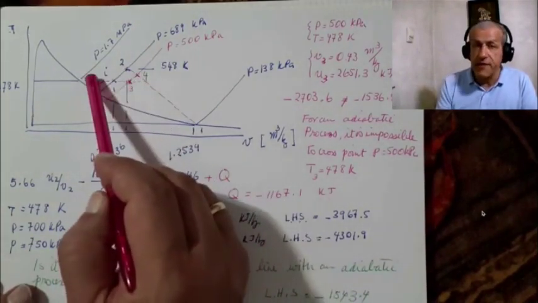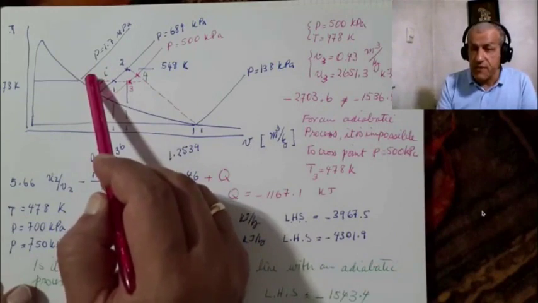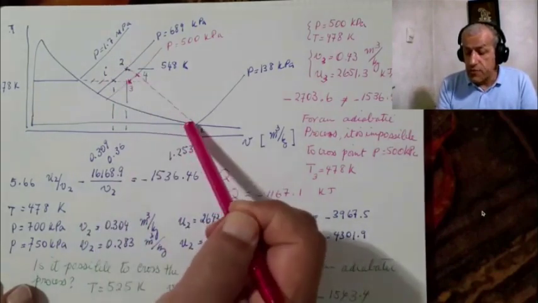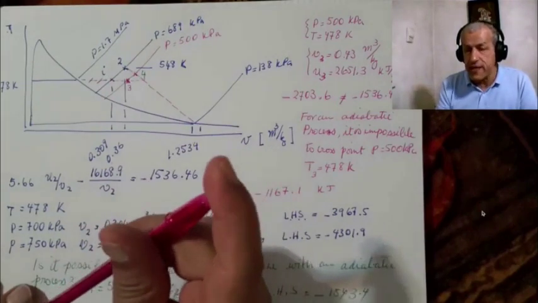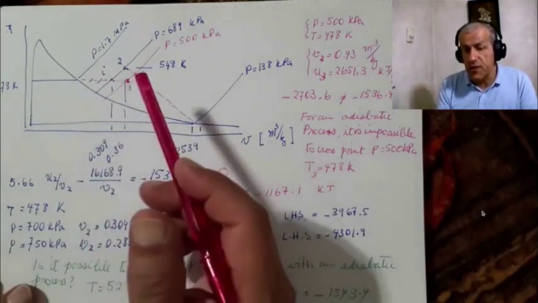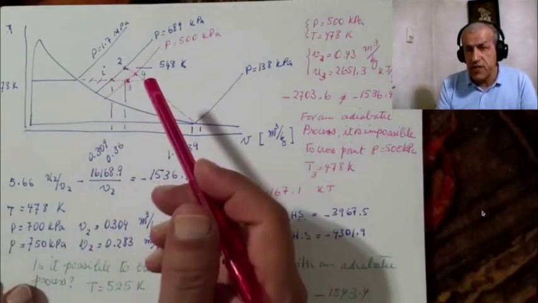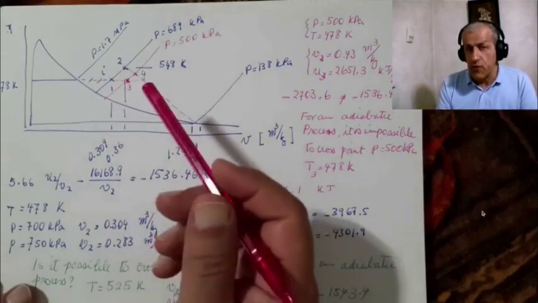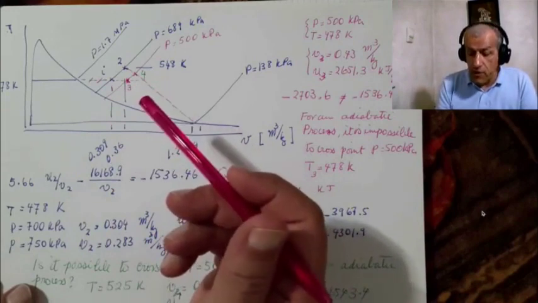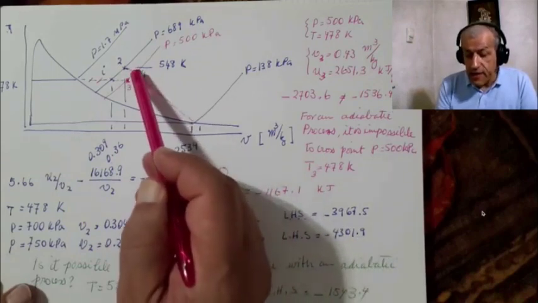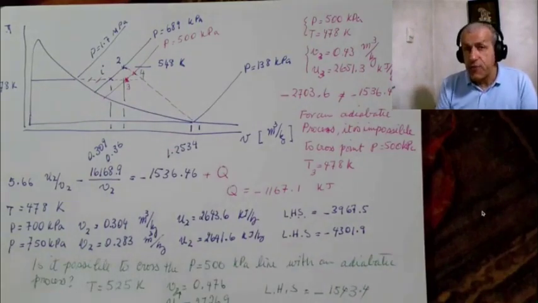Above this line, everything is impossible because we are mixing two pressures, and we cannot end up at a pressure higher than that. If the pressure inside the tank is higher than the pressure of the input line, then steam would simply go out of the tank and it won't enter. Now, there is an adiabatic line, and on this line there is a point which crosses every pressure line.